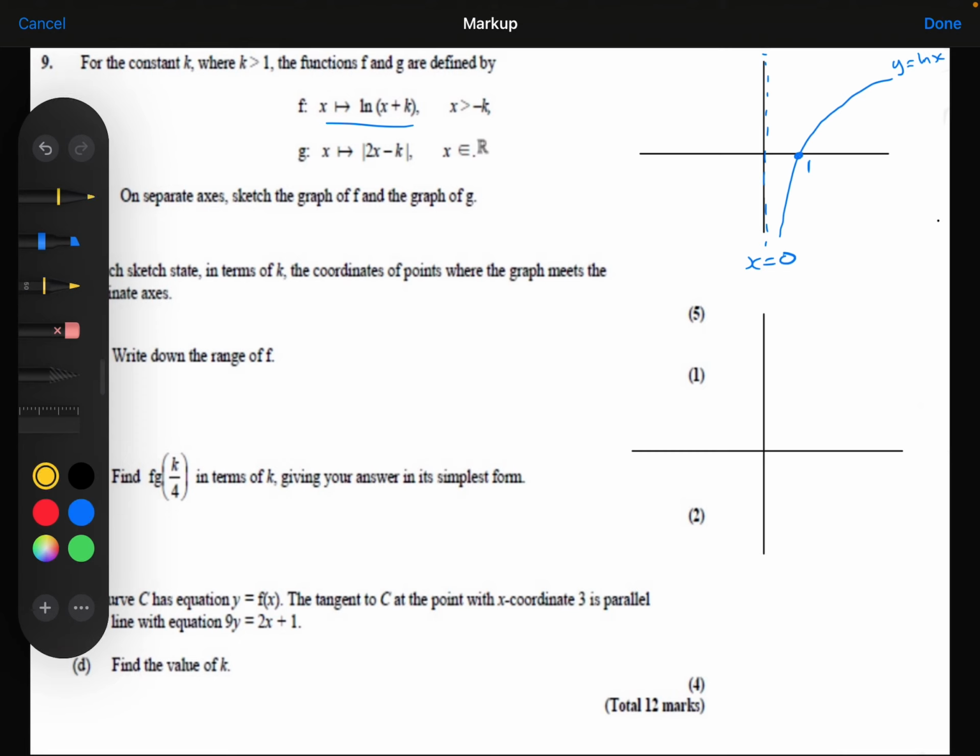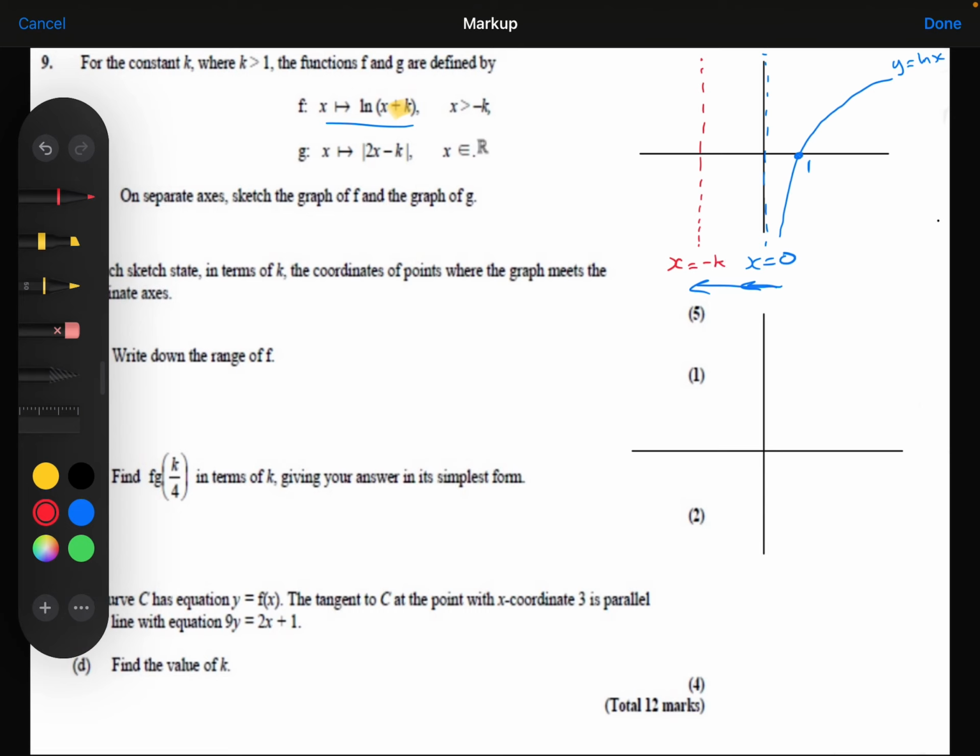In this specific case, we've got this plus k on the inside. The plus k on the inside of the function is going to move the graph k squares in the negative x direction. So the whole graph is going to move k squares over here. The new asymptote would be at x equals minus k.